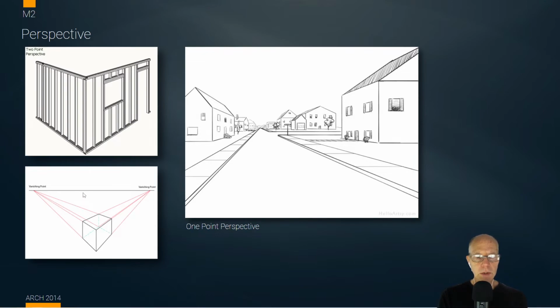And there's also the concept that if we really focus on one single vanishing point, it's called one-point perspective, we can still generate a lot of three-dimensionality to the image, at the same time that we don't have to have the front elevations of our buildings have that kind of perspective to them. So this is just another way of visioning perspective.